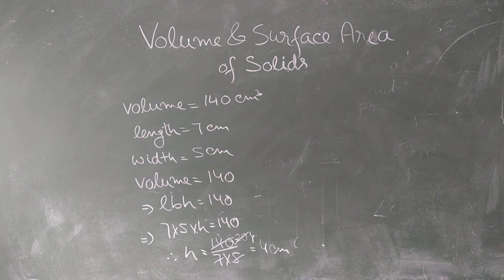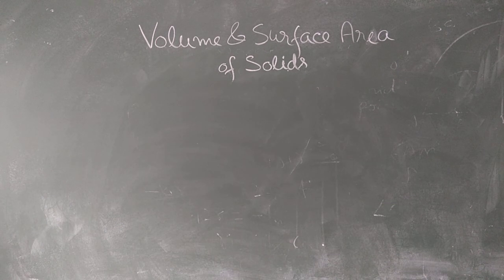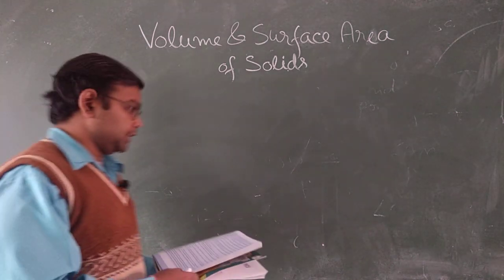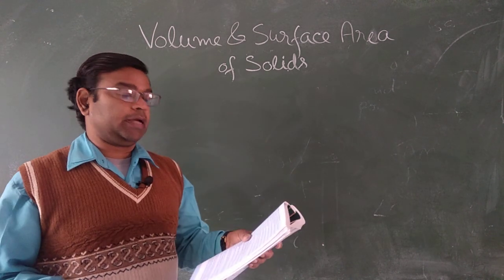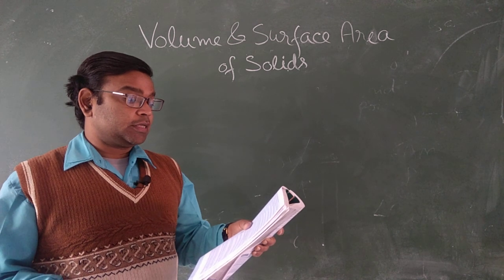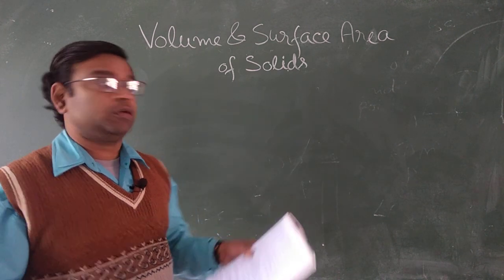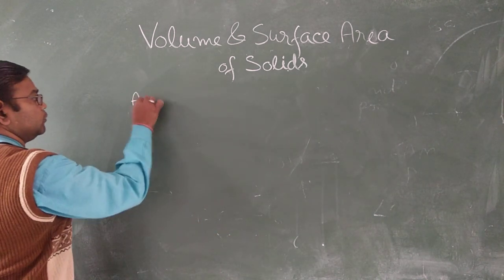Now move to the next question. In this question it says that the area of the base of a rectangular tank is 6500 centimeter square.